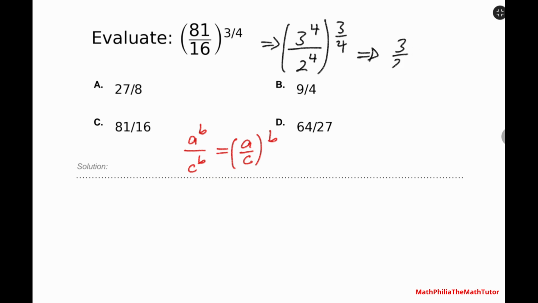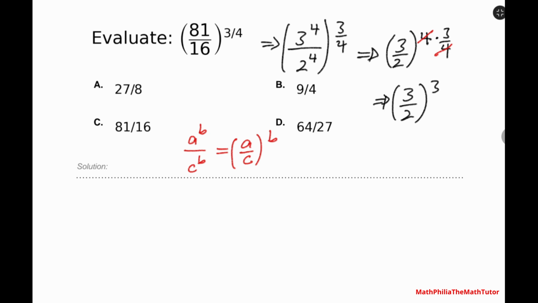So we can have 3 over 2 again. Let's take the 4 outside. 4 already there is 3 over 4. So that's the multiplication. From here we can cancel 4 and 4. And then we have 3 over 2 raised to the power of 3.